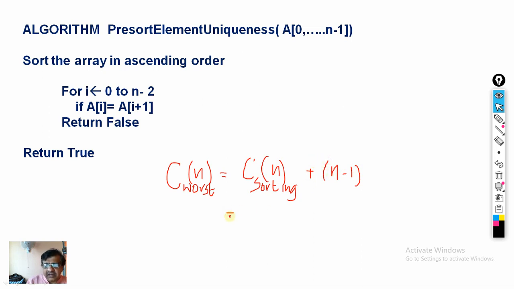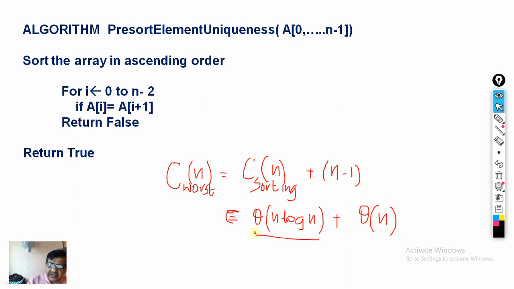This is equal to big theta of n log n, as we have used the best of the algorithms, plus big theta of n. Among these two terms, this is the highest term, the term with bigger complexity. Therefore, the presort element uniqueness problem belongs to the efficiency class of big theta of n log n.